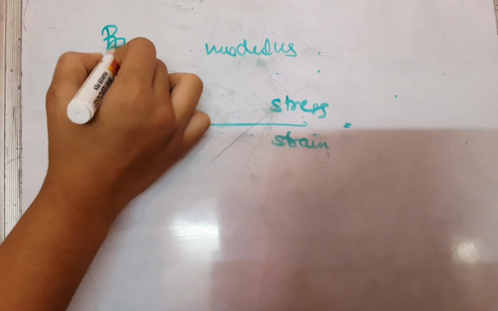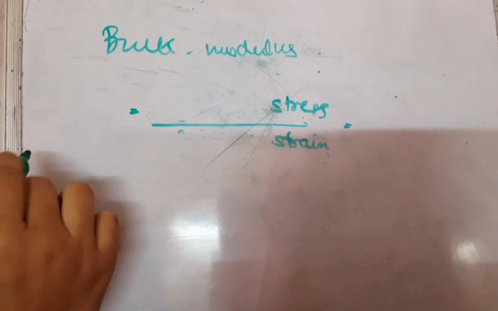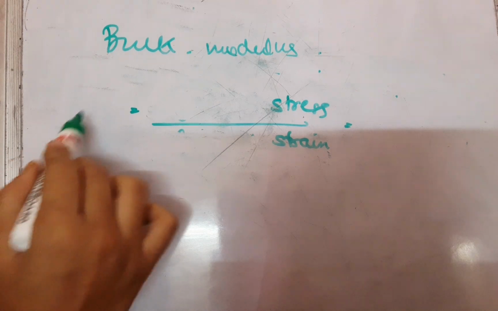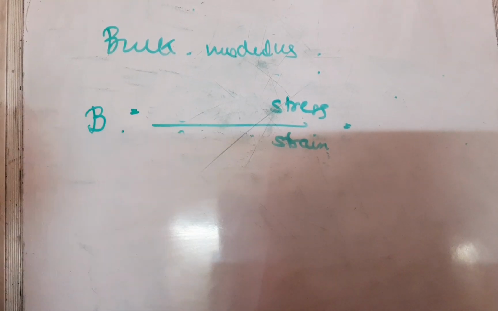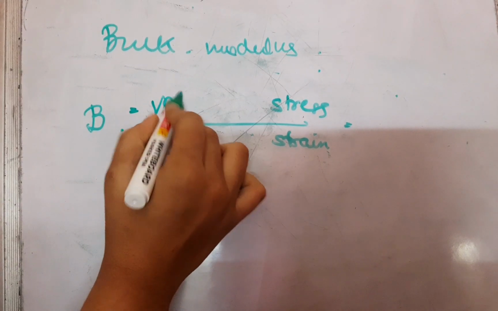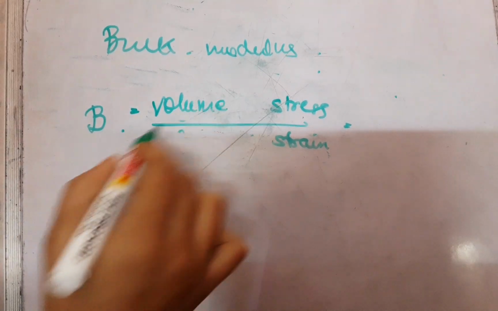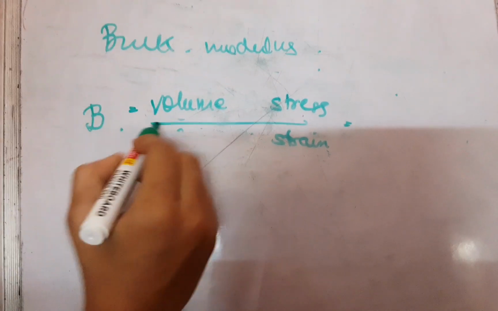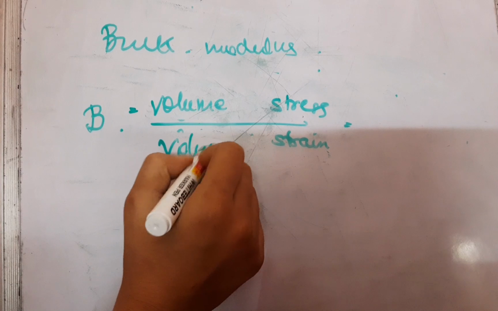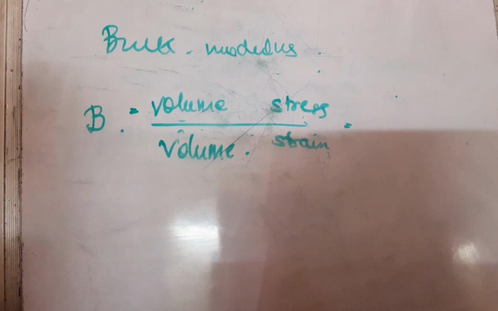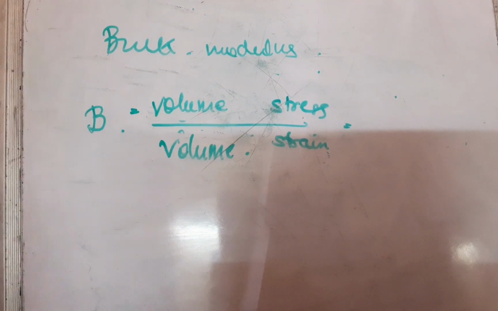Okay. So bulk modulus, denoted with the symbol B. So bulk modulus is nothing but volume stress upon volume strain.